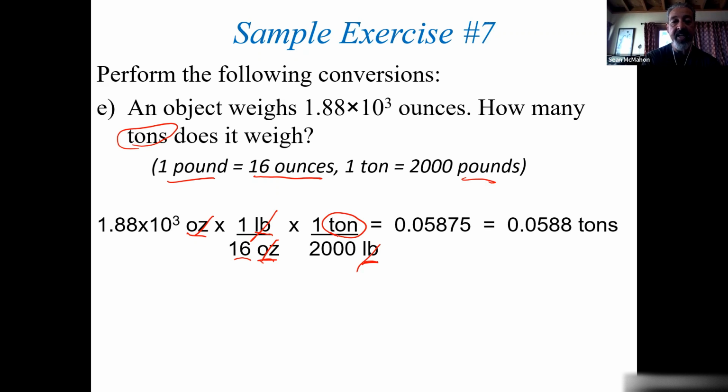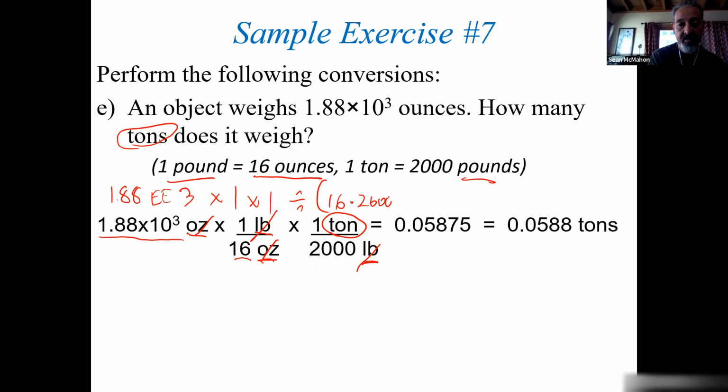Okay. And again, how are you going to multiply? You're going to multiply 1.88 times 10 to the 3. Remember to use that EE button, second function EE, right? So you would go 1.88 second function EE or EXP 3, right? Basically times 1 times 1. And then when you hit divide, what I recommend is do the parentheses, 16 times 2,000, and you get this number.